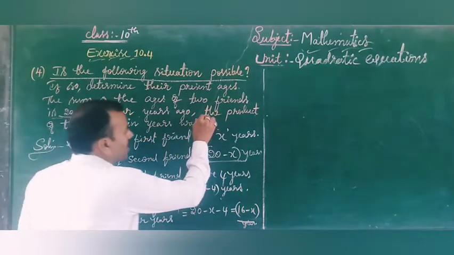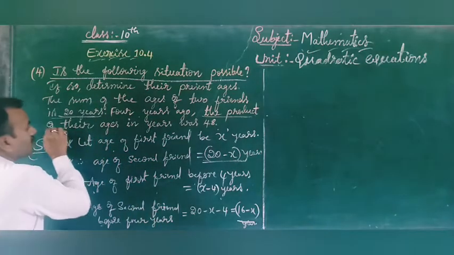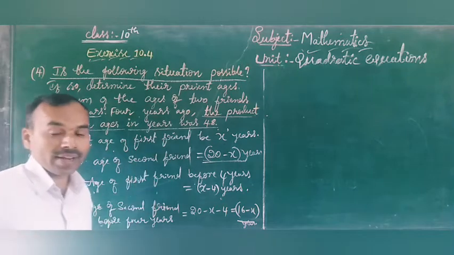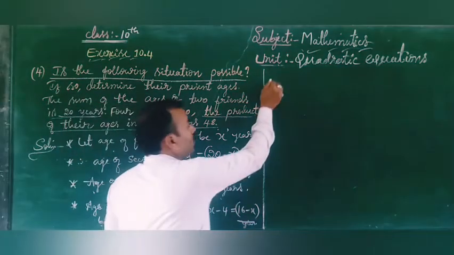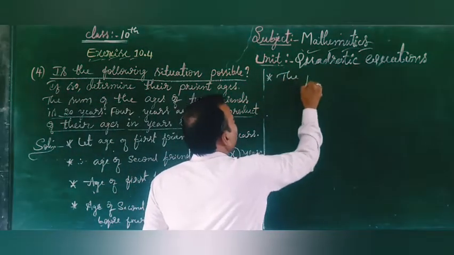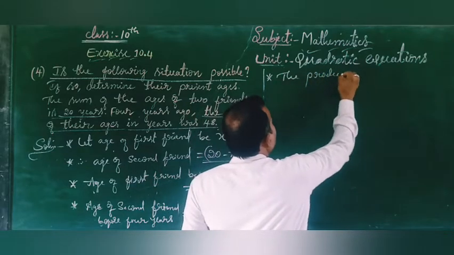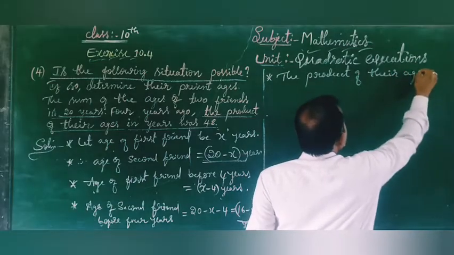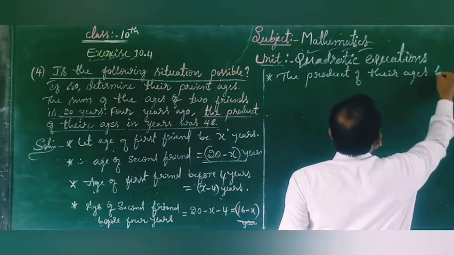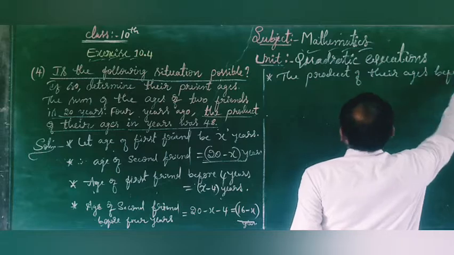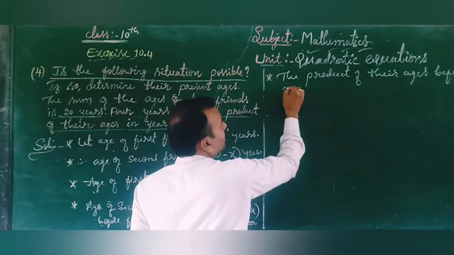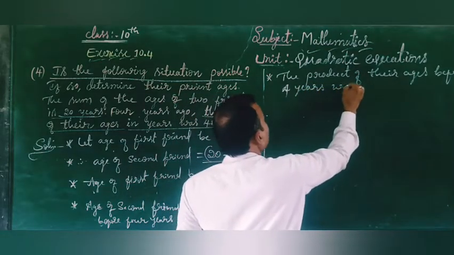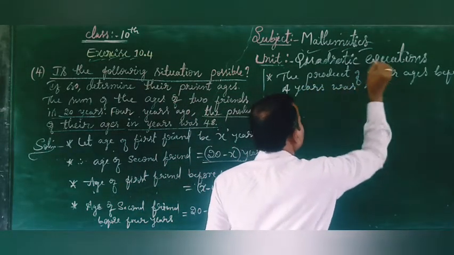In the question, it is given that the product of their ages 4 years ago was 48.